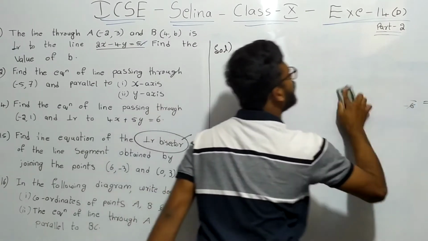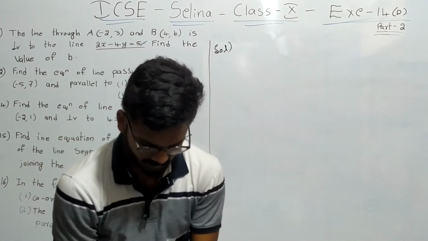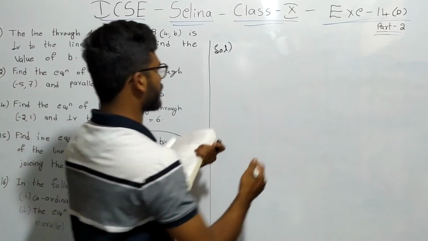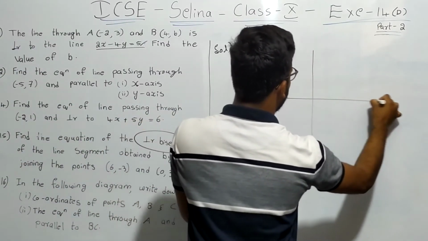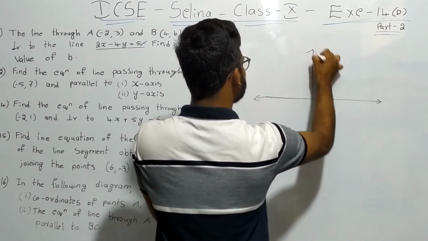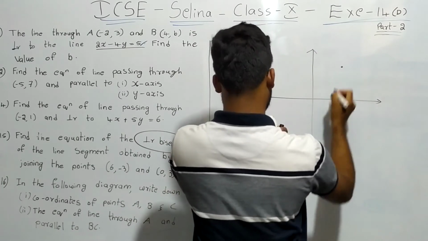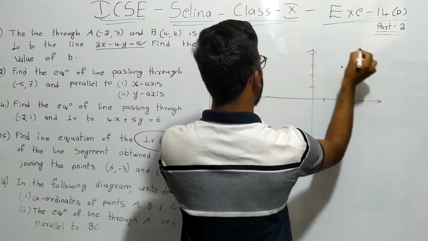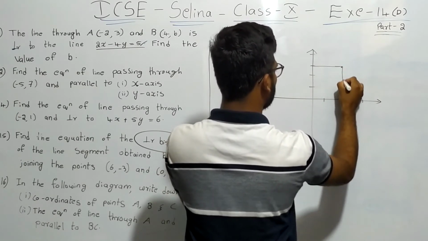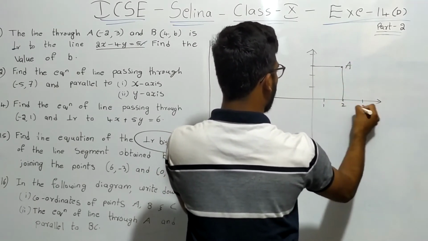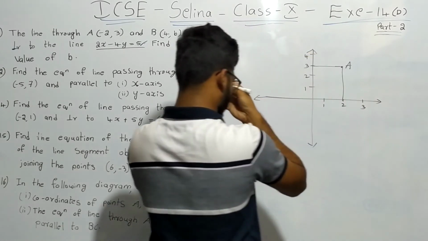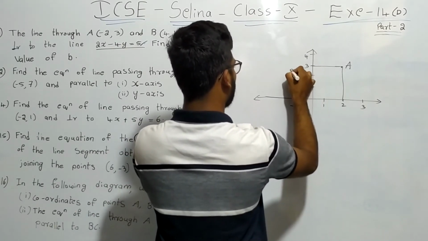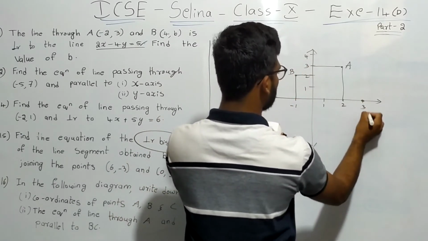Here is the given diagram: the x-axis and y-axis, one point A, one more point B, and C here.